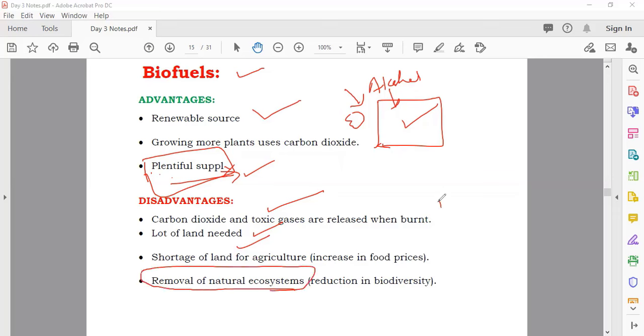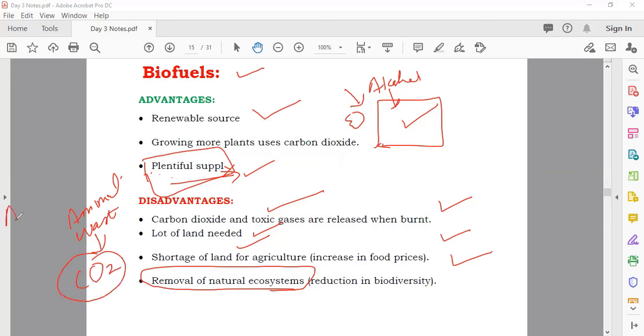So these conditions are sometimes all applicable, and in some places only one of them is applicable. I'll give you an example. If you burn animal waste, carbon dioxide is produced.